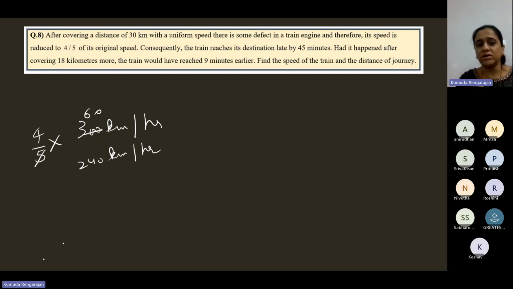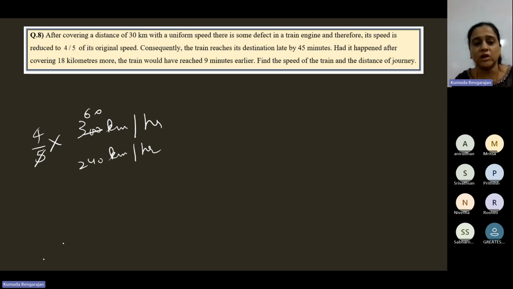After 48 kilometers it reduces to 4/5 of its original speed, so the train cannot reach before the scheduled time. It means 9 minutes earlier than 45 minutes late: 45 minus 9, 36 minutes. It would have reached its destination late by 36 minutes.